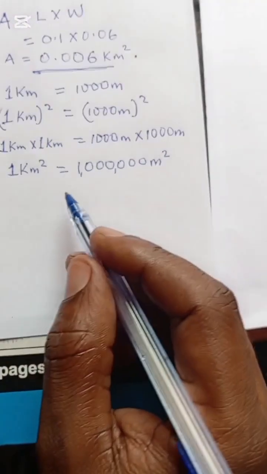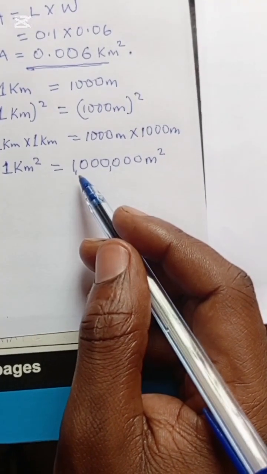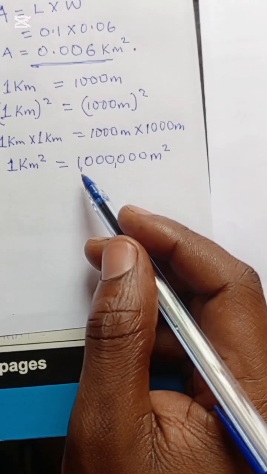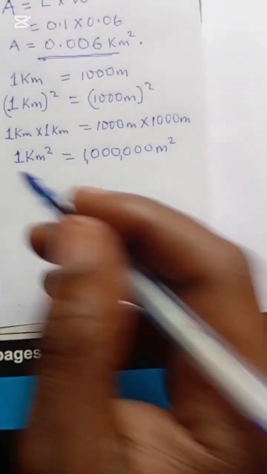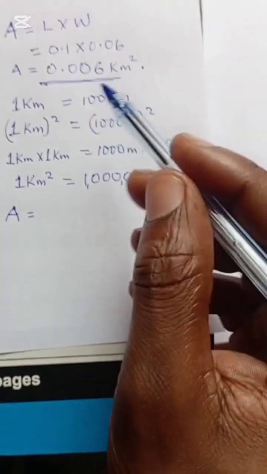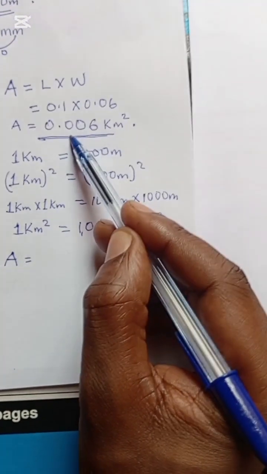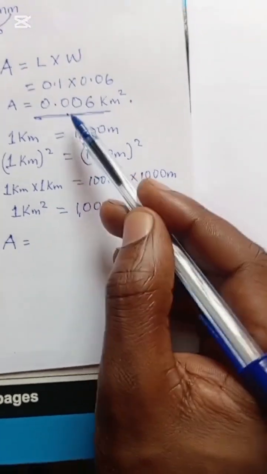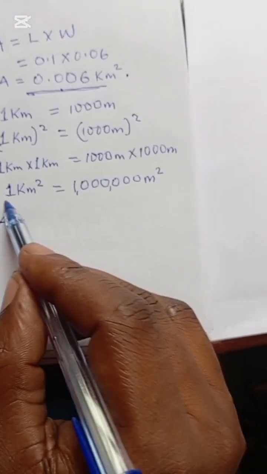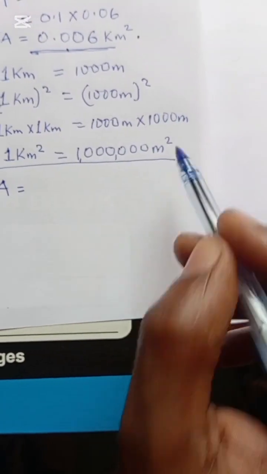Now, if I already have that, then I can find the area in meters squared by converting this area into meters squared. As we say, when you are converting a bigger unit to a smaller unit, we multiply. And now we already have the relation here.